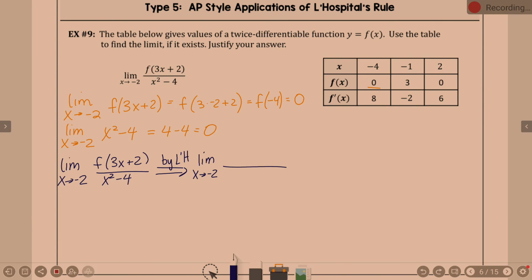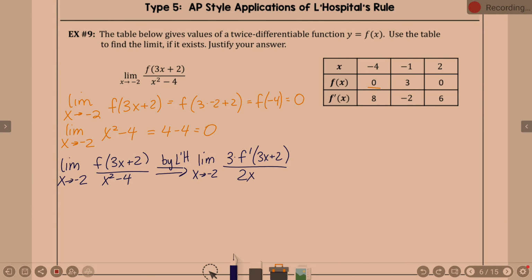What's the derivative of f of something? f prime of something. So f prime of 3x plus 2 times the derivative of something. What's the derivative of 3x plus 2? 3. So I'm going to put my times 3 out front. My numerator is 3 times f prime of 3x plus 2. Derivative of x squared minus 4: 2x.